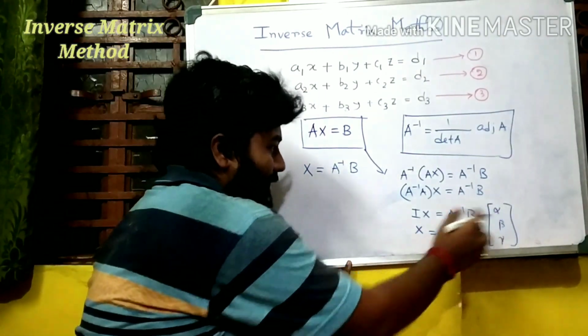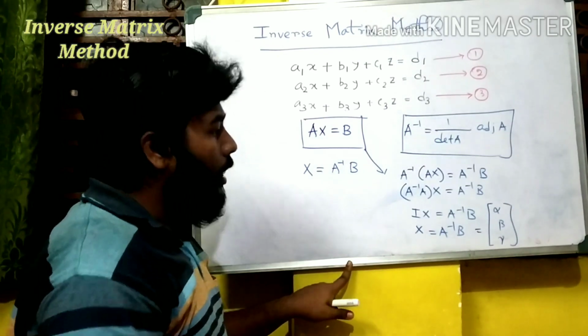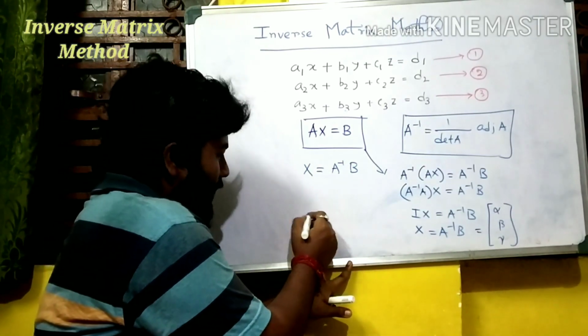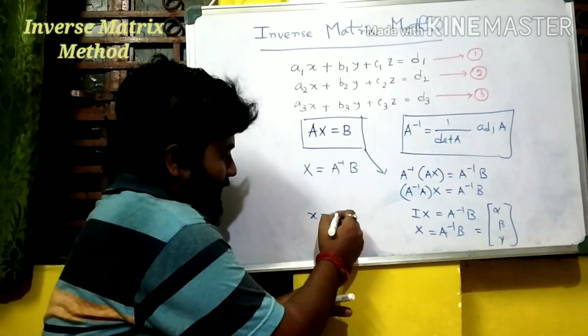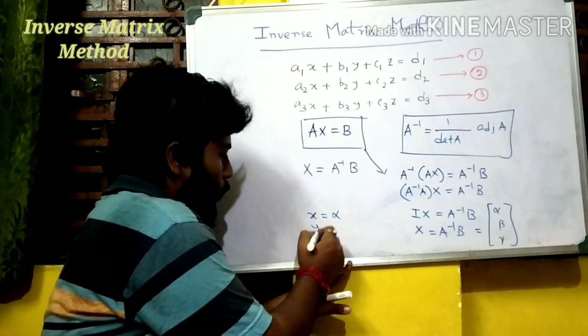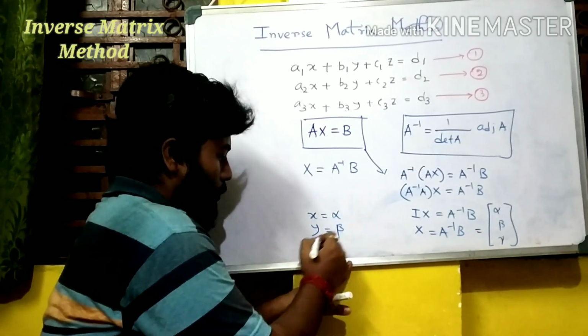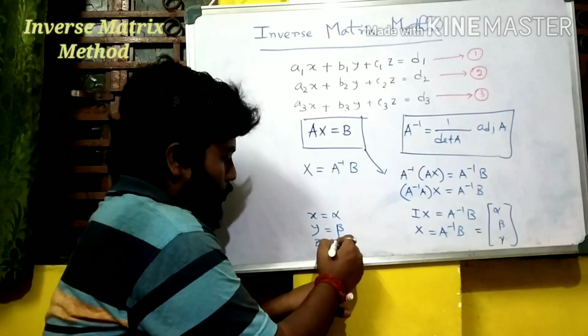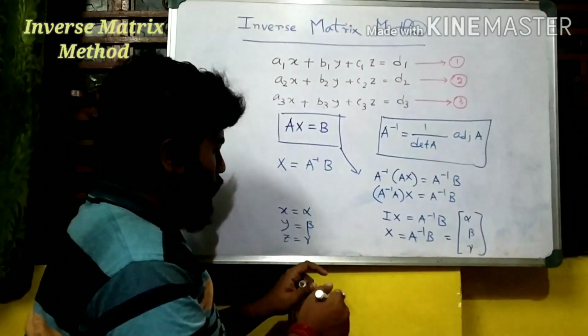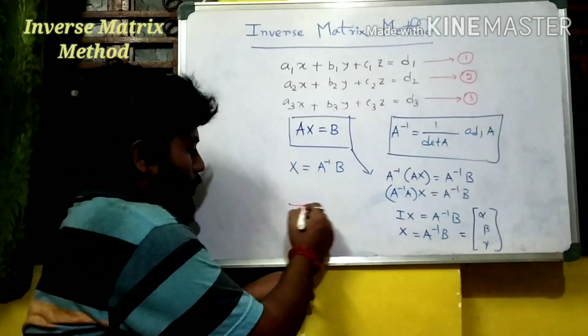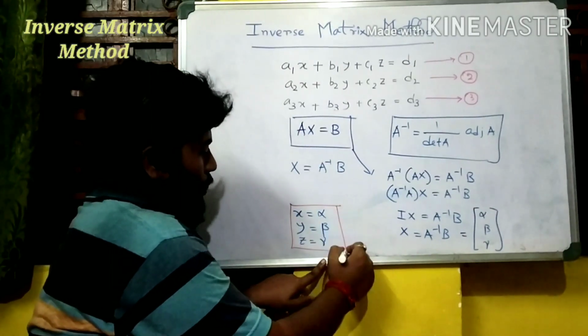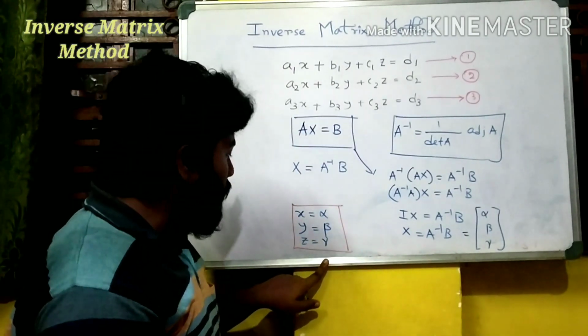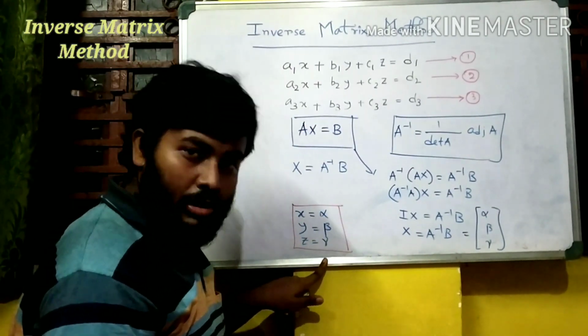If X is equal to alpha, beta and gamma, we can easily write small x is equal to alpha, small y is equal to beta, and small z is equal to gamma. And this will be the solution of the system.